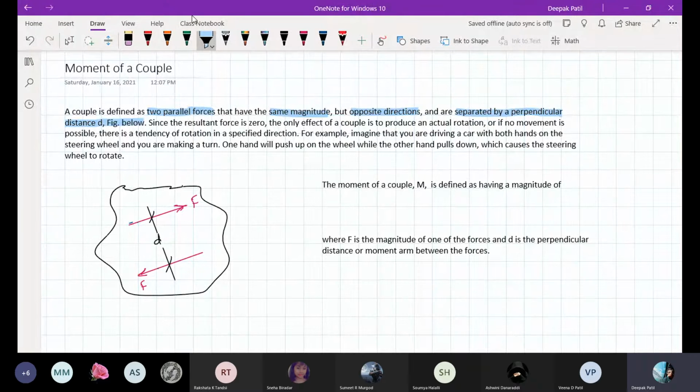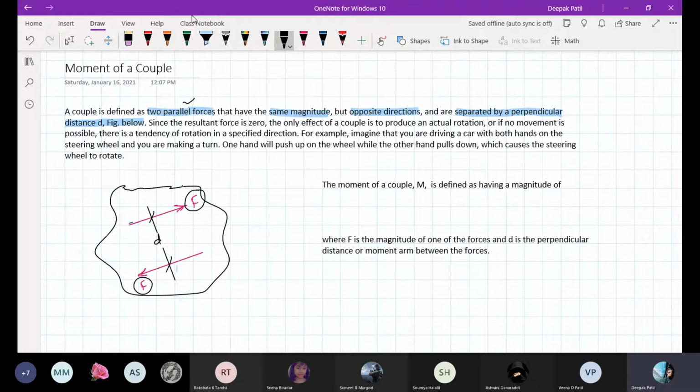Okay. Now I mean to say, a moment of a couple will be formed when there are criteria which need to be satisfied. The forces should be parallel to each other. You can see here, this is force F and this is also force F. Now these two forces are parallel to each other.